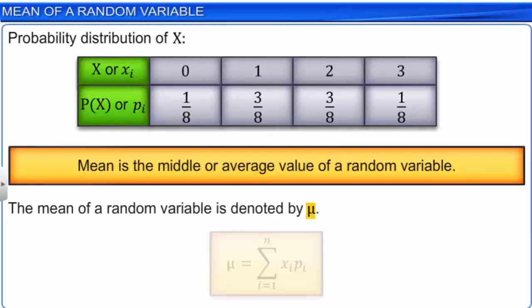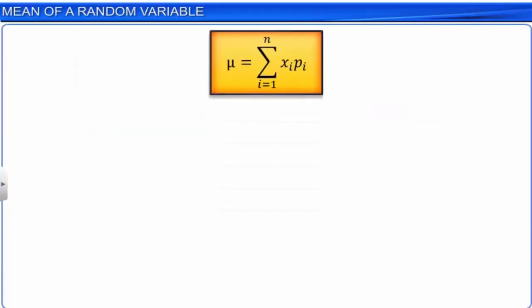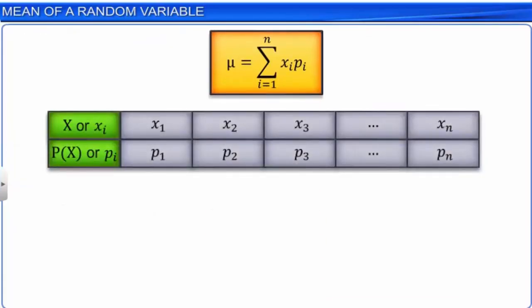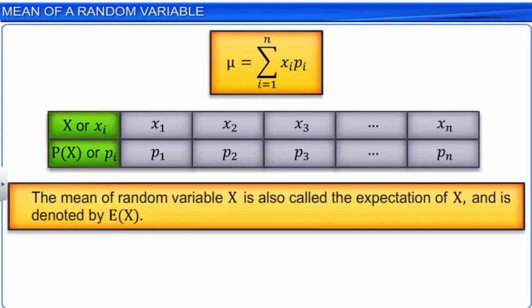Mu is equal to the sum of the products of the possible values of x and their respective probabilities, where xi's are the possible values of x and pi's are their respective probabilities. The mean of random variable x is also called the expectation of x and is denoted by E of x. Therefore, the expectation of x or mean of x can be expressed as shown.